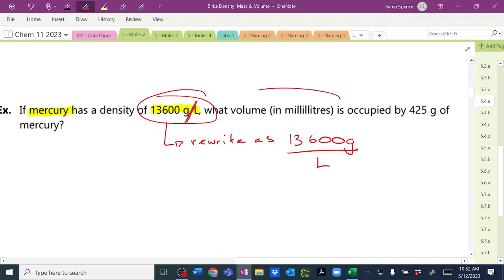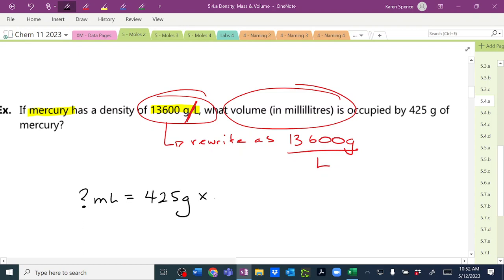We are finding the volume in milliliters. So we don't know the volume in milliliters. We are starting with 425 grams, and we are converting that from grams into liters, using 13,600 grams per liter.